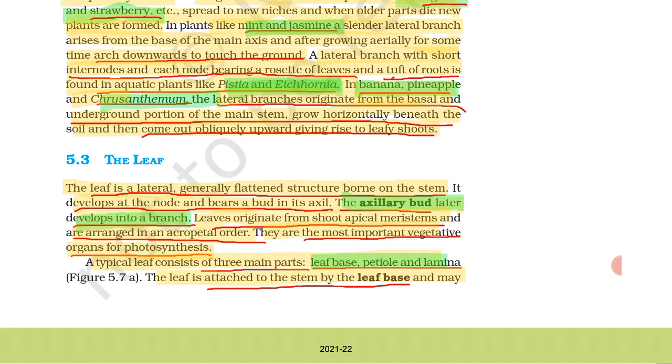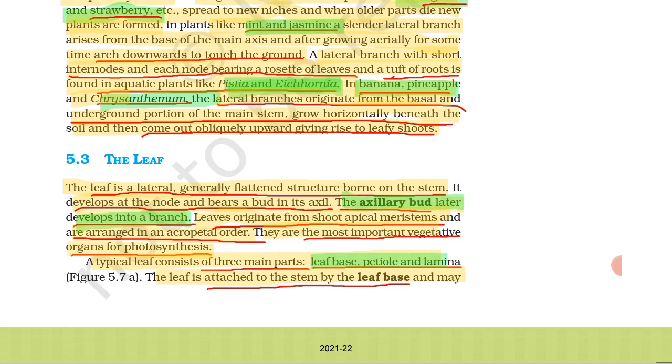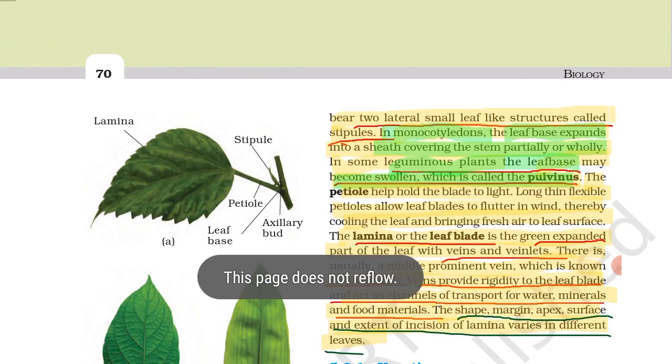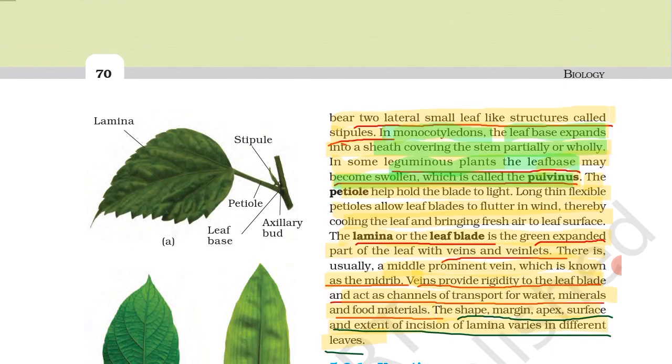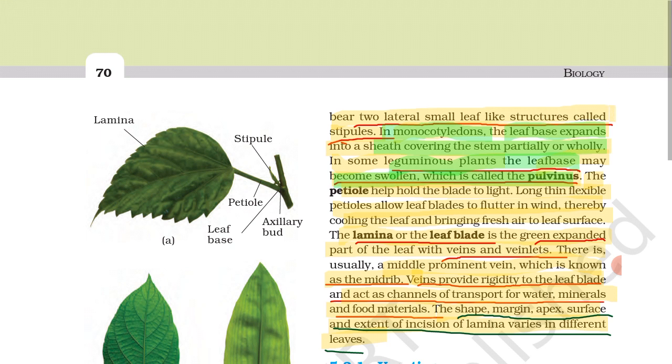The leaf consists of three main parts: leaf base, petiole and lamina. The leaf base is attached to the stem and may bear two small leaf-like structures called stipules. In monocotyledons, the leaf base expands into a sheath and may cover the stem fully or partially.